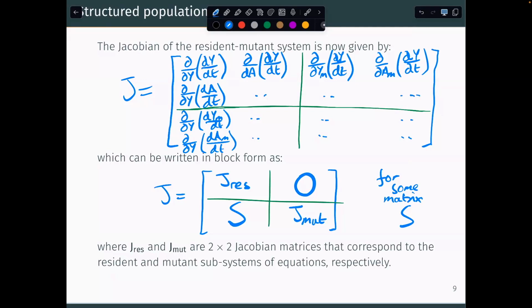We already know that these eigenvalues have negative real part. We want our mutant to be able to invade, so we want this equilibrium to be unstable. So in other words, we need to find the leading eigenvalue of this matrix down here and see when that is positive. If that's positive, then our mutant can invade. Therefore, our resident mutant system, evaluated at our resident equilibrium, is not going to be stable, so our mutant is going to be able to spread into the system.